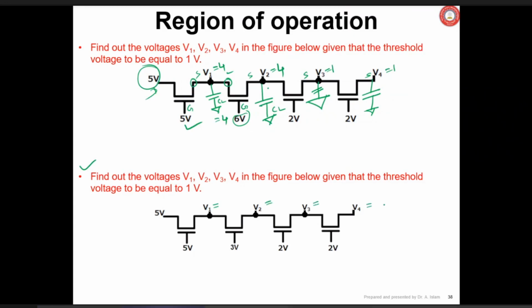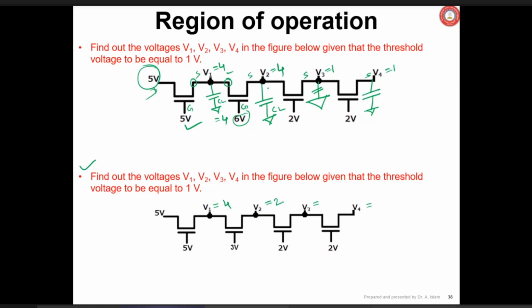Sir, 4, 2, 1, 1, sir. Okay, VGS is 5, so it can charge up to 4. And this VGS is 3, it can charge up to 2. What do you say, 1 or 2? You said 4, 2.